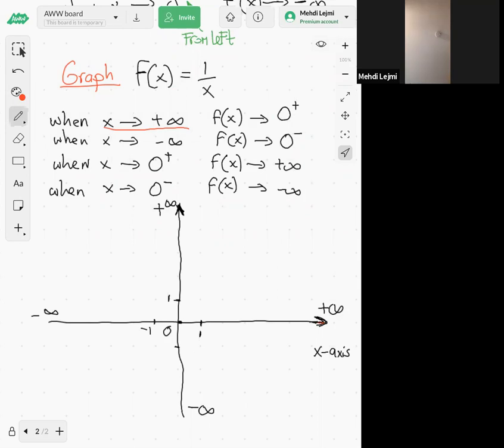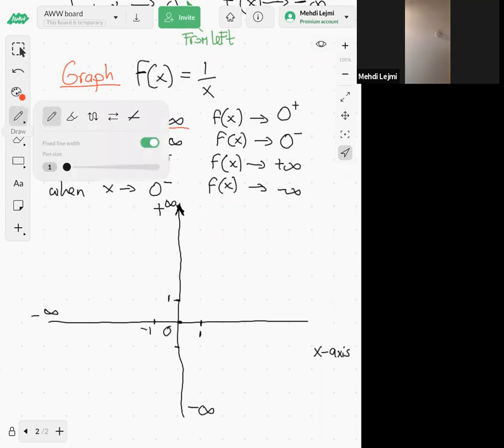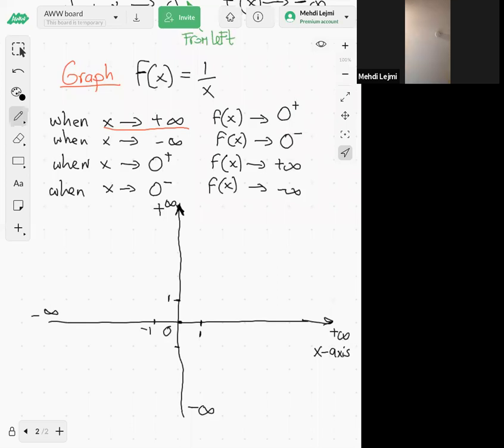So it's going to be very close to the x-axis. So my graph is going to be very close to 0. It's never 0, but it's going to be very close to 0, right?